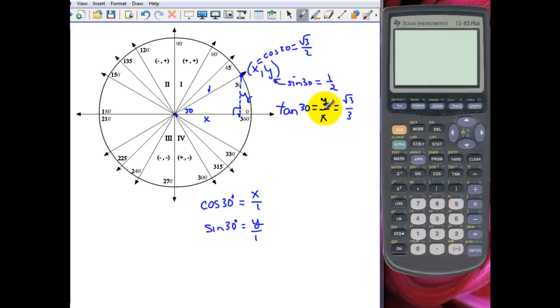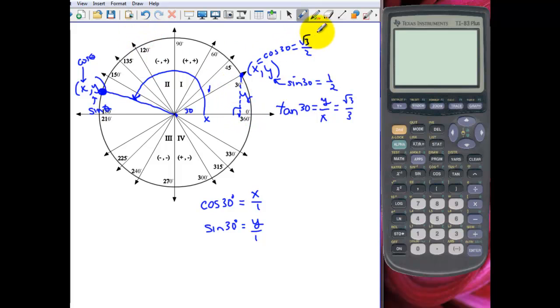But as we extend this, if we pick any point on the unit circle, we can show that for the (x, y) coordinates on this unit circle, at this point the x value will be the cosine of theta, and this value will be the sine of theta. From that we can develop formulas for all of our trig functions.